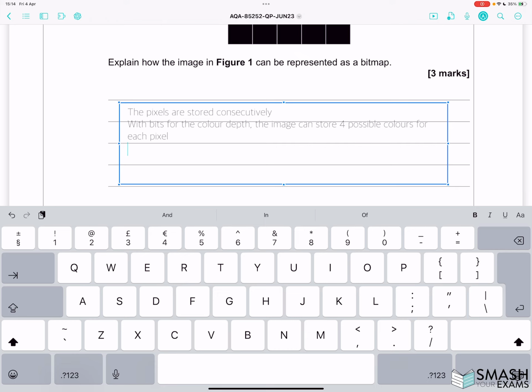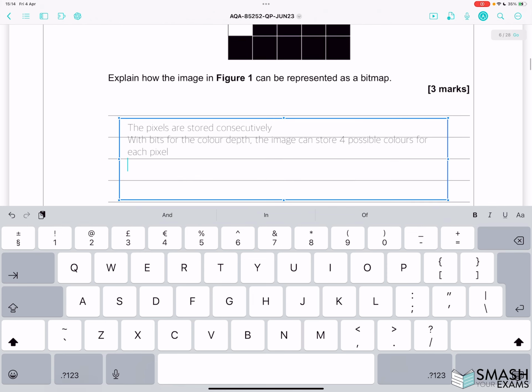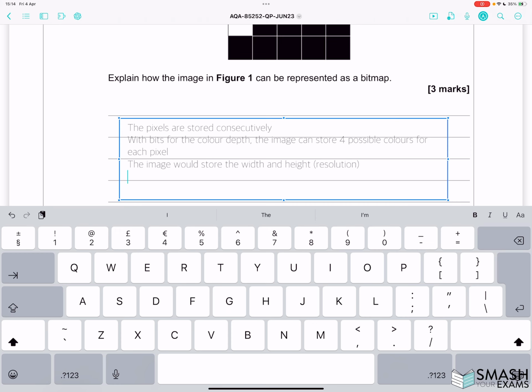I would also talk about the image itself, because in the question, remember, it told us that it was a 5 by 5 pixel image. So I would say that the image would store the width and height. And remember, we call the width and height the resolution. So that's how many pixels are making up the image by multiplying the width and height together.